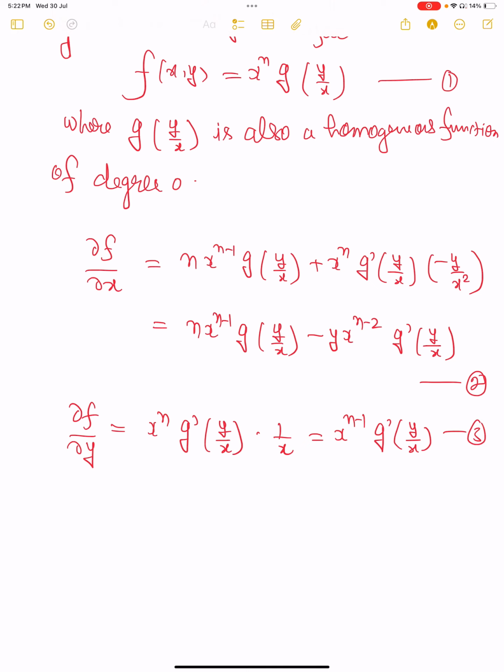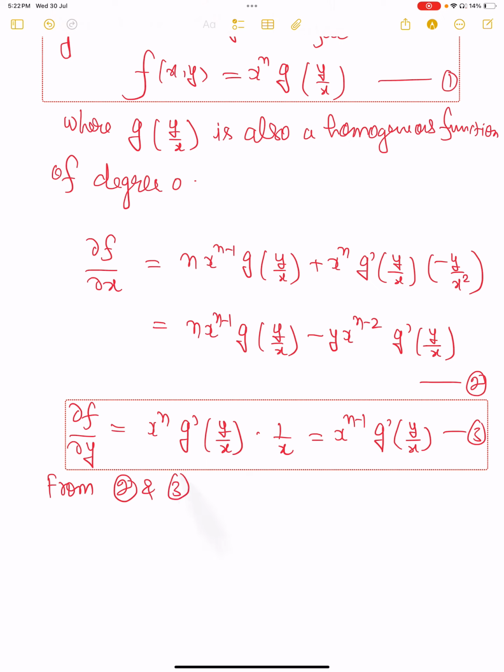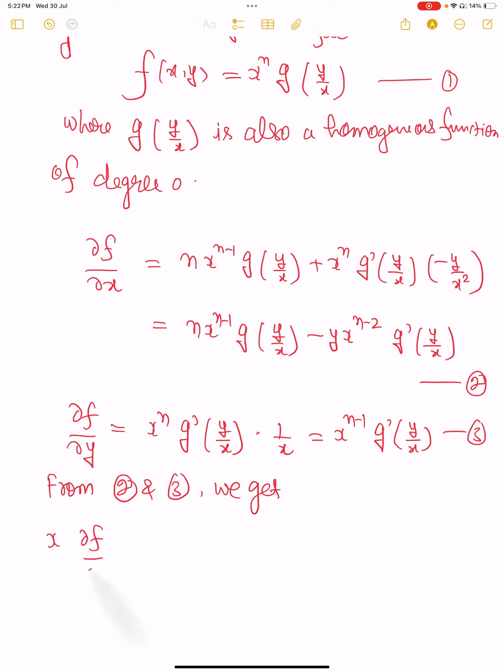Let's say this is third. From 2 and 3, what do we get? x del f upon del x plus y del f upon del y is n x to the power n g(y upon x) minus y x to the power n minus 1 g dash(y upon x).